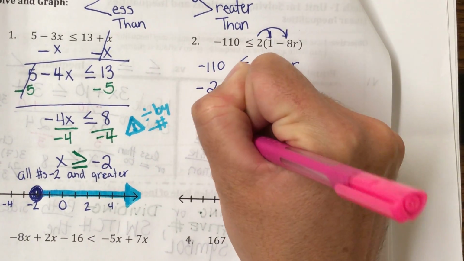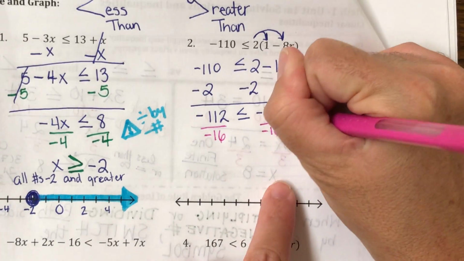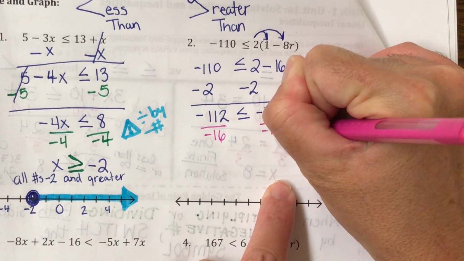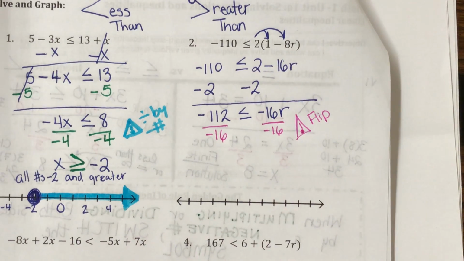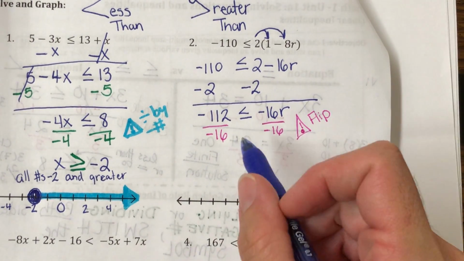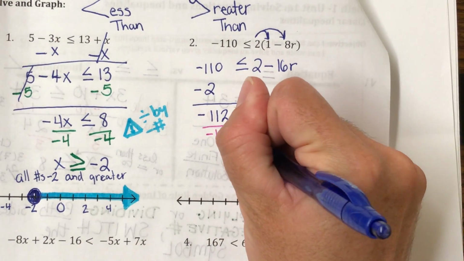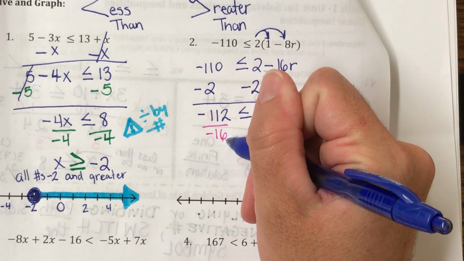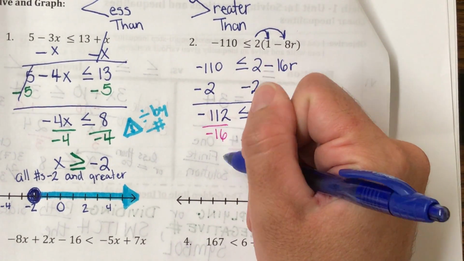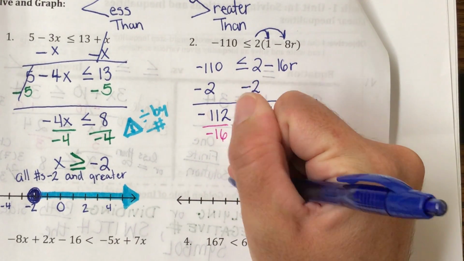Because I'm dividing by a negative, I'm going to throw up my caution symbol here. I've got to flip my symbol. So instead of a less than or equal to, it's now going to be a greater than or equal to. Negative divided by a negative is a positive. 112 divided by 16 is 7.